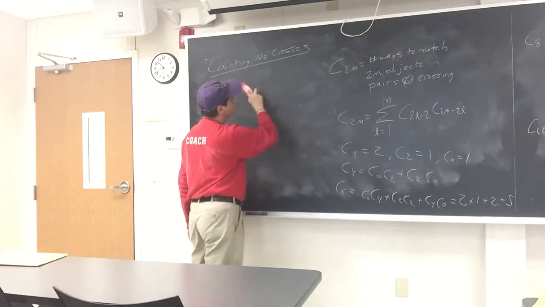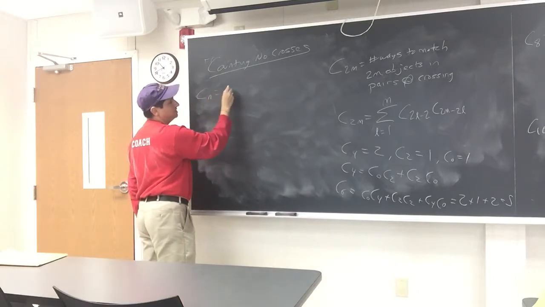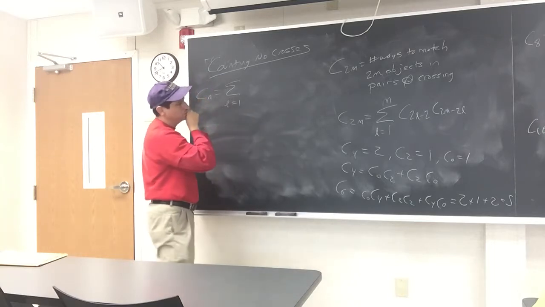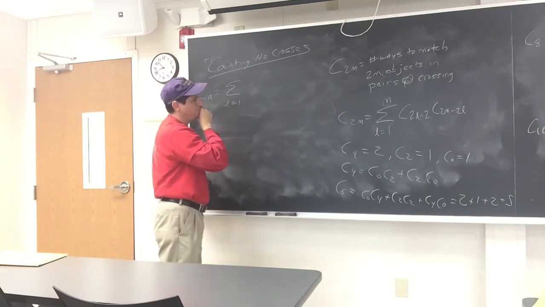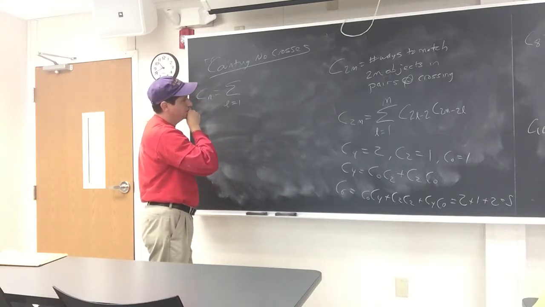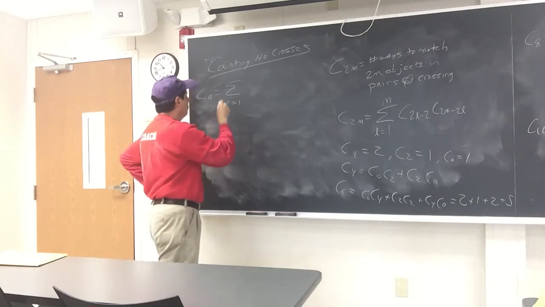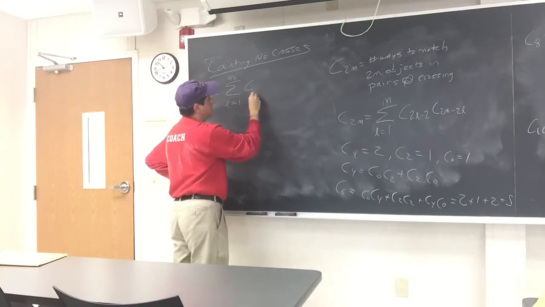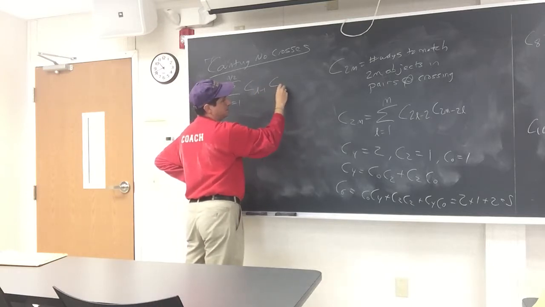So I'm going to change our relation and just divide everything by 2. So let's say C_n is equal to the sum, L goes from 1 to n halves, of C_{L-1} C_{n-L}.